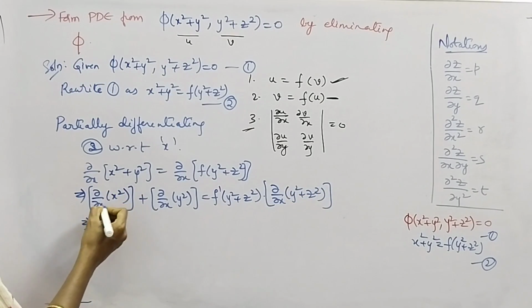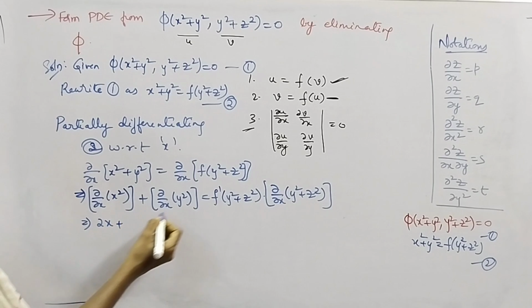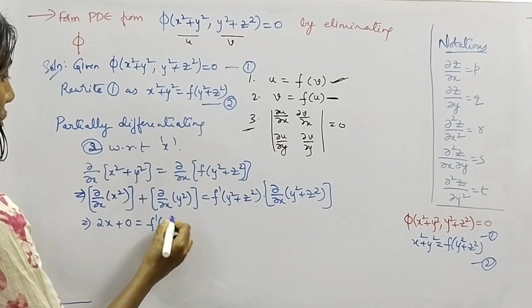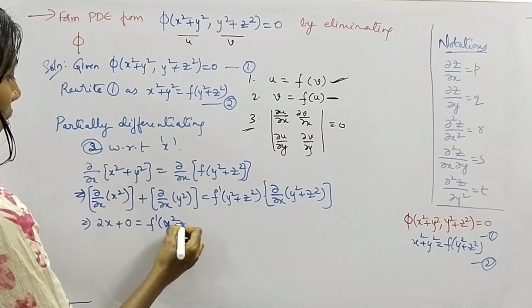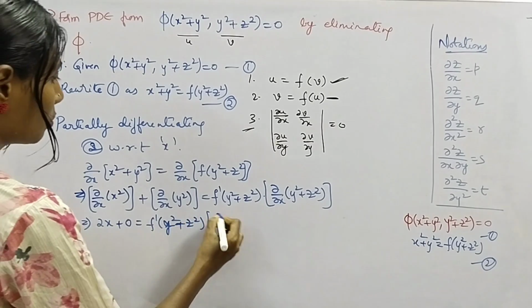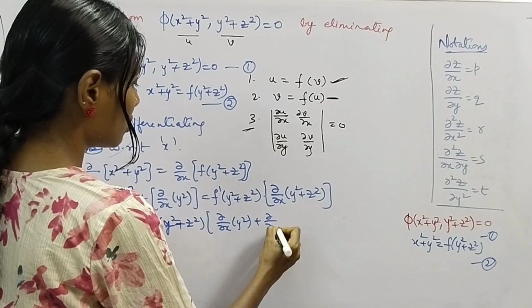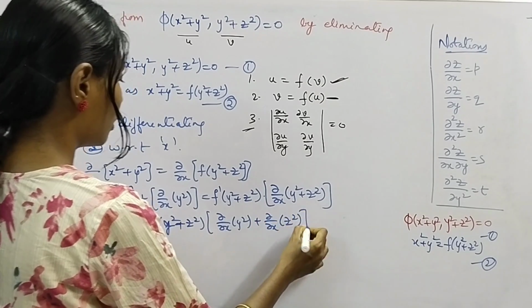This gives us partial derivative of x square with respect to x is 2x plus partial derivative of a constant with respect to x is 0, equal to f dash of y square plus z square into partial derivative of y square plus partial derivative of z square, right?